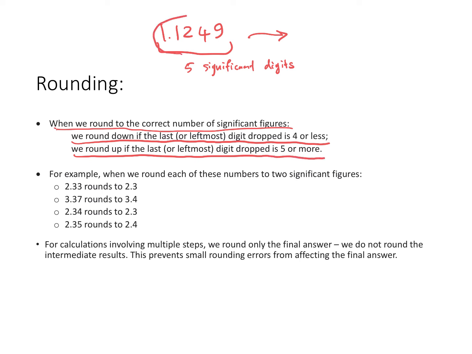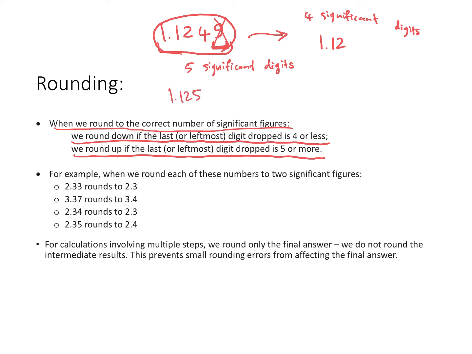So if I want to round this number to 4 significant digits or figures, it means that I want to drop this last digit. I look at this number here. If I just write this 4, this number is roughly 1.125.